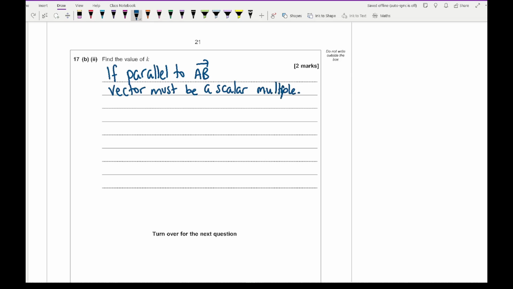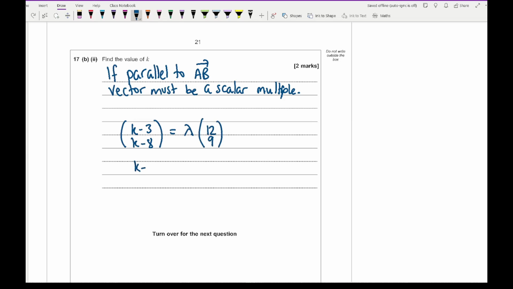So what that means is our vector, which is (k-3, k-8), must be some multiple of the vector (12, 9).